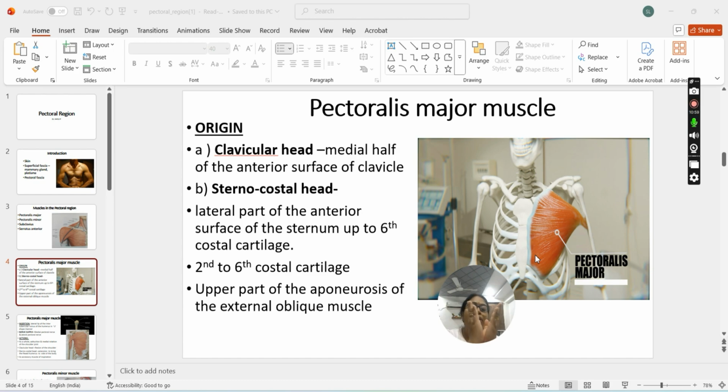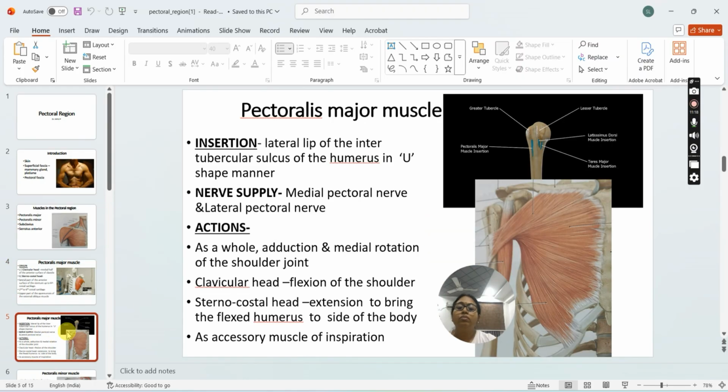The two layers meet in the lower portion, so it makes a U shape. This is the anterior layer, this is the posterior layer. They fuse here, making a U shape. And they go laterally and insert into the lateral lip of the bicipital groove of the humerus.